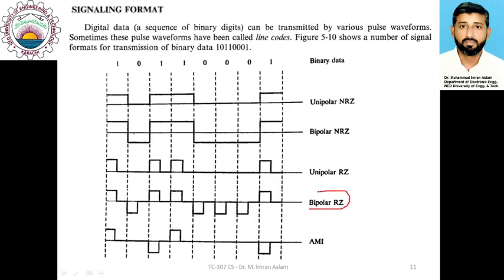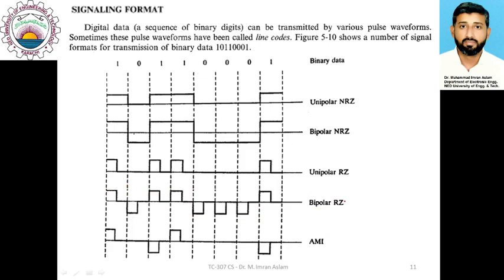Similarly, for bipolar RZ, we again use positive and negative amplitudes, but the only difference is the bit duration is half. You can see that the 1 is represented by this positive amplitude, whereas 0 is represented by negative amplitude. The next one is represented by positive amplitude. Again, the one is represented by positive amplitude. All zeros are represented by negative amplitude here.